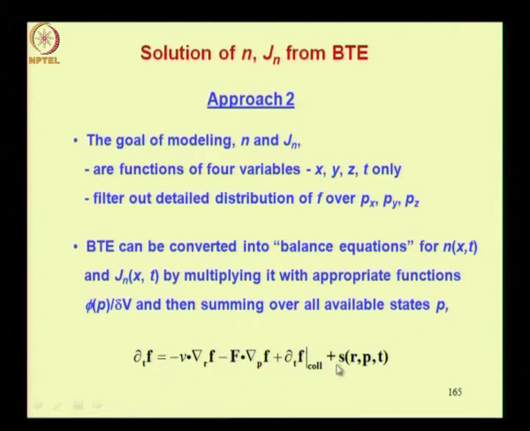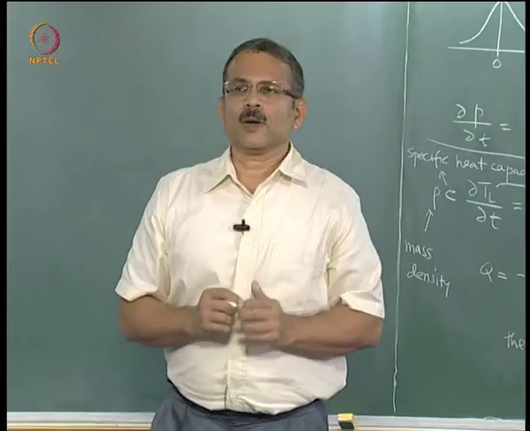This is your Boltzmann transport equation. So we are saying that we will convert it into equation for n and Jn by multiplying each of the terms with appropriate functions of p divided by local volume and then summing up. Let us see what we are talking about.